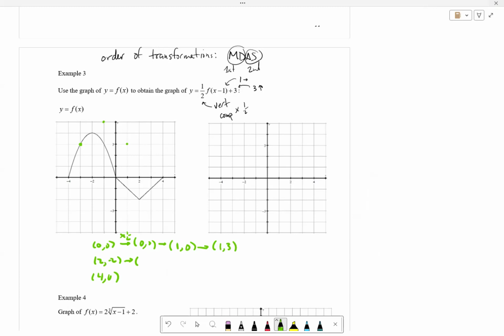So 1 minus 2, and that's -2. The x is not going to change right now. Are you adding the 1 to that? Yeah. So 2, -2, and then 2, 1. Like this.